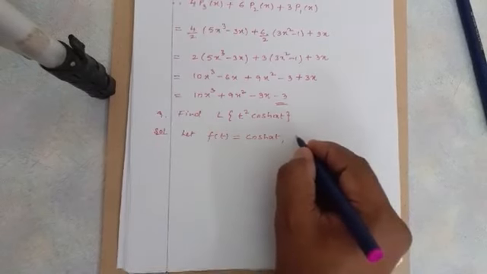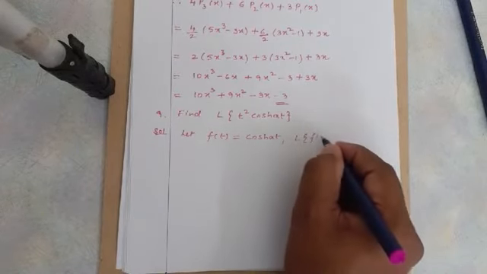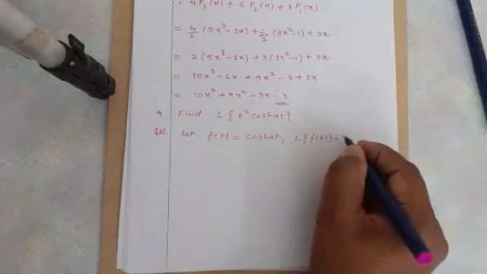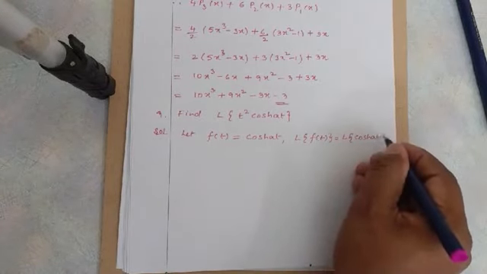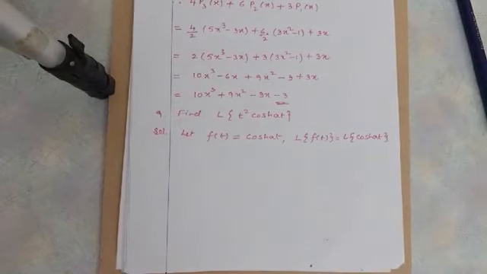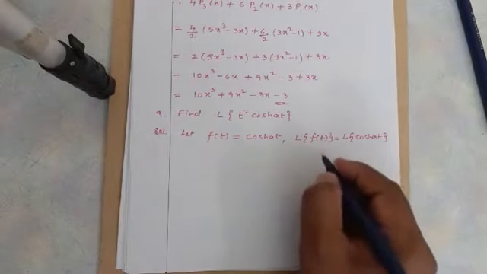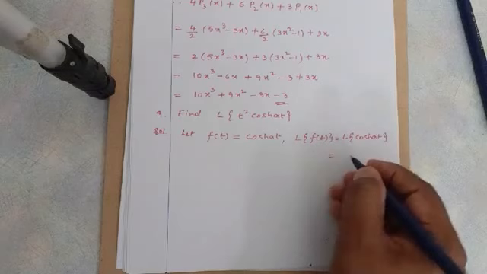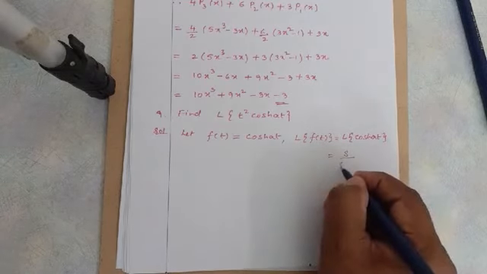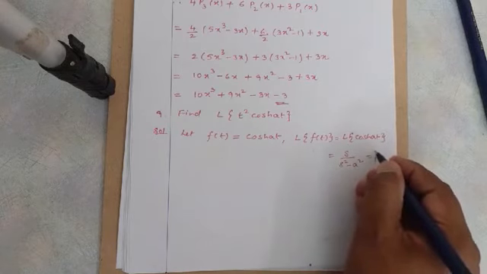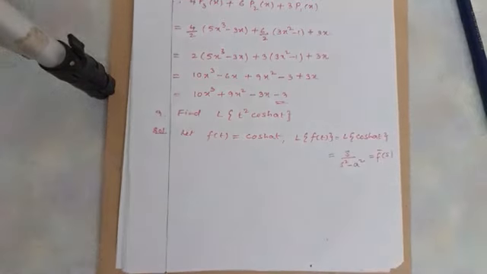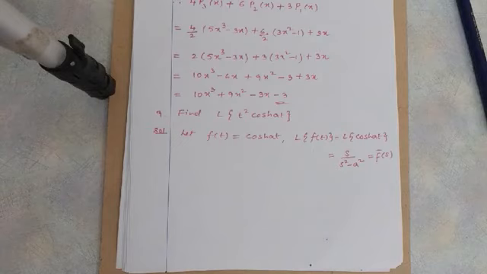So we write here Laplace of f(t) is equal to Laplace of cosh(at). As you know, Laplace of cosh(at) is equal to s/(s^2 - a^2). So this is equal to f bar(s). So you got f bar(s).